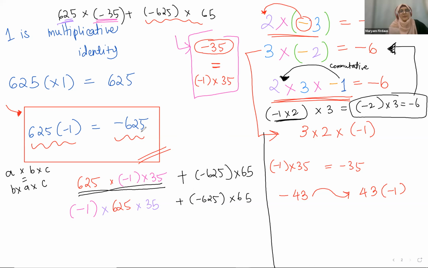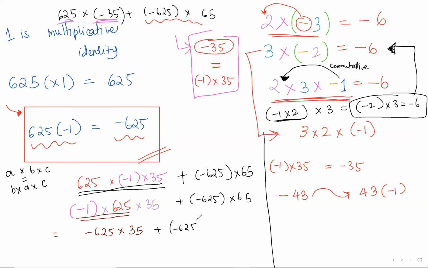Now comes the part that you were saying. Now tell me, what is this going to become? Minus 625 multiplied by 35, right? And then the rest of it as it is, -625 multiplied by 65. This also I'll put in bracket.